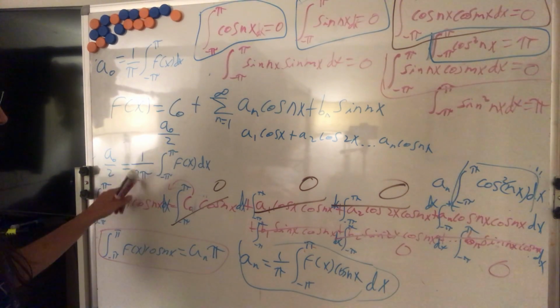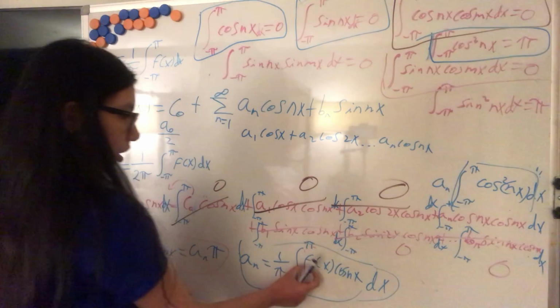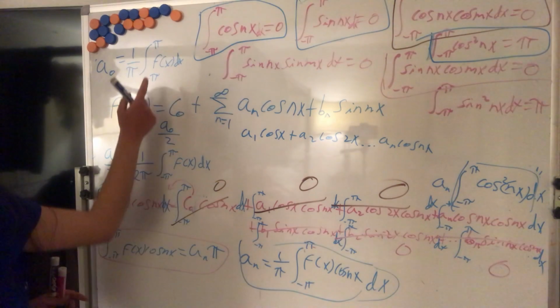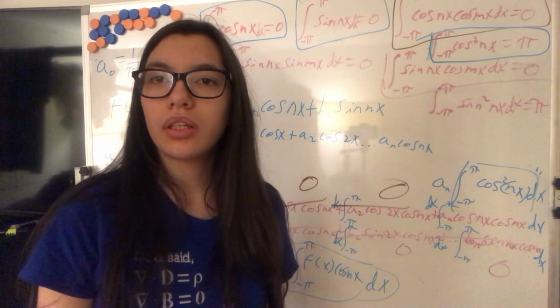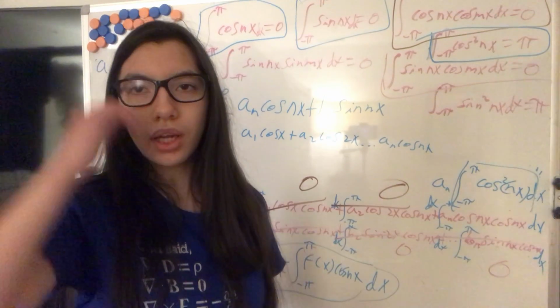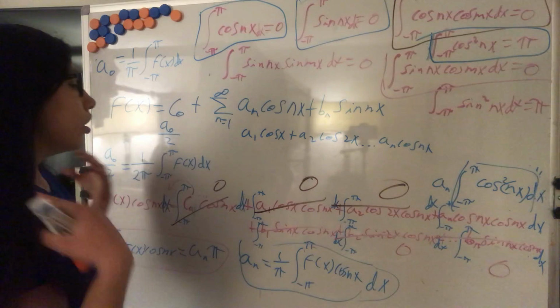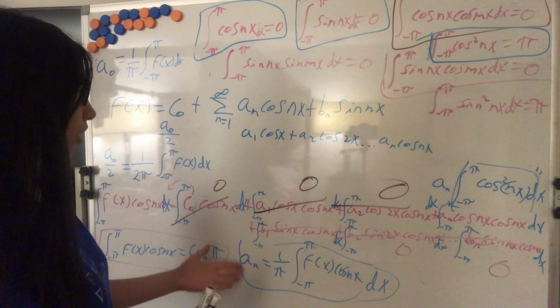So we have 1 over 2 pi. Here we just have 1 over pi, but do not get confused, because here we have f of x cosine nx, and here we just have f of x. So this was for the cosine terms, or the terms that contain cosine, and this was the coefficients of a sub n.